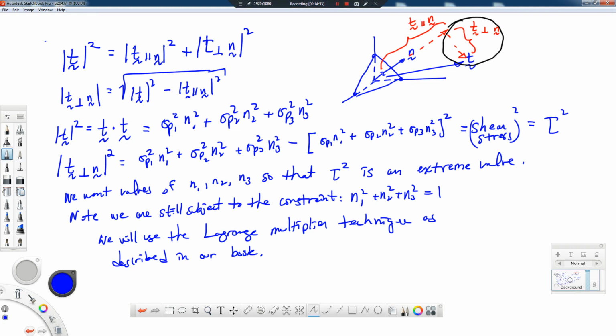And so to do this, we're going to use the Lagrange multiplier technique as described in our book. We're not going to be able to go through where this technique comes from, but if you take a class in advanced calculus, it's probably in there. It's going to take a little bit of algebra to get through this, but the results that we're going to get are kind of important.